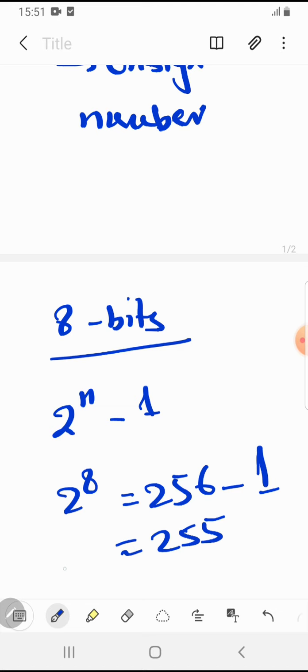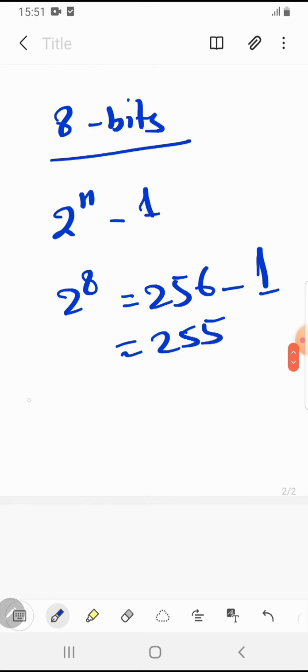So starting from 0, you will have the range of unsigned integers from 0 to 255. I have subtracted 1 because we have included 0 while representing the numbers. So from 0 to 255, any integer can be represented in an 8-bit system.